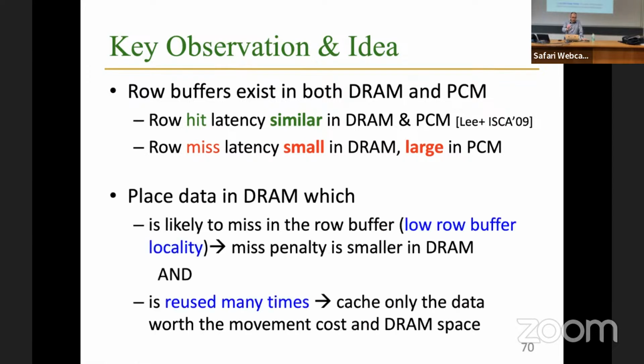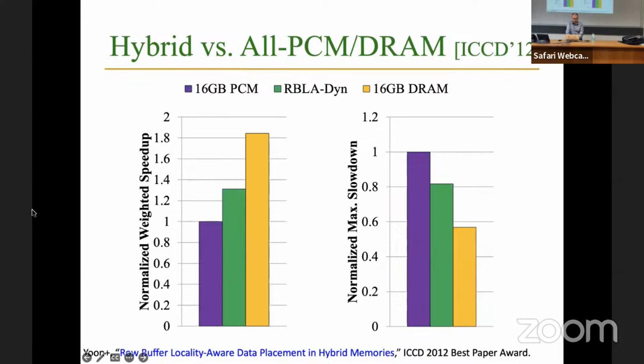Okay. So place data in DRAM which is likely to miss in the row buffer, low row buffer locality, where the miss penalty is small in DRAM, and which is reused many times, because otherwise you cache only the data, worsening the movement costs and DRAM space. So these are the two criteria that, if they are met, you can migrate that data to the DRAM.